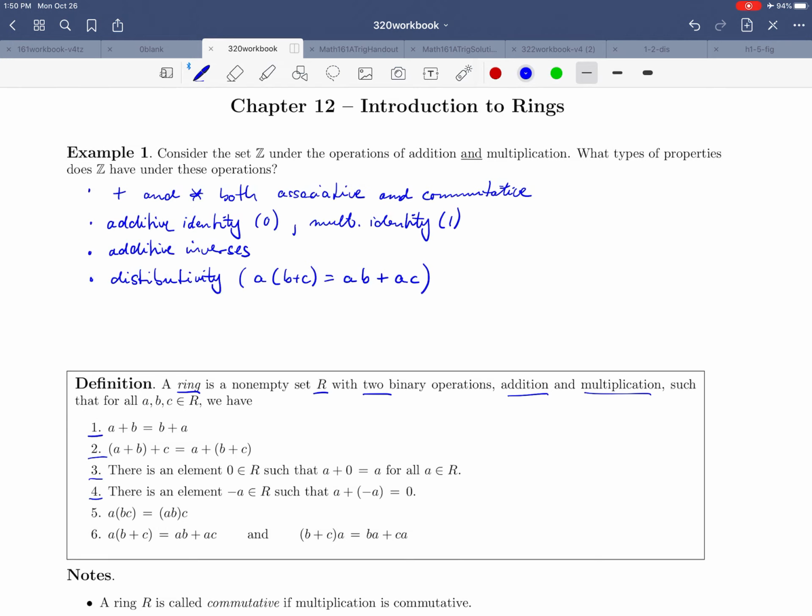Now those 4 things put together tell us that R is an abelian group under addition.